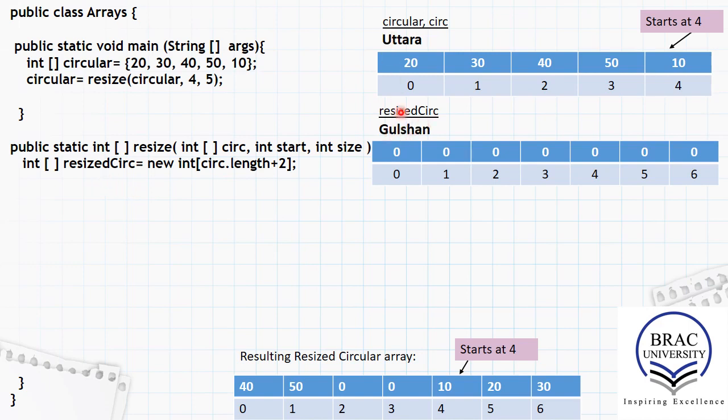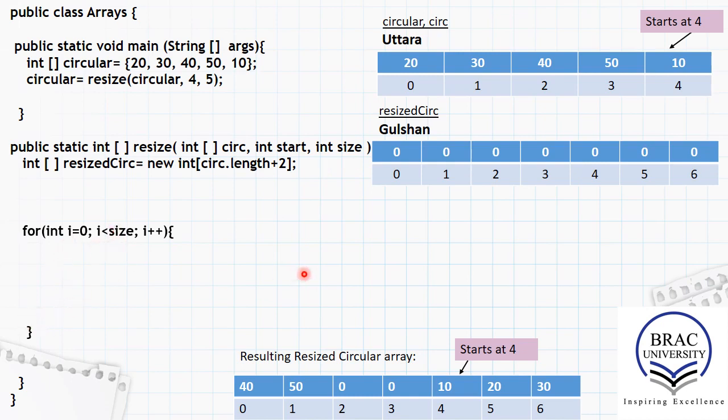So I'll copy the value from Uttara to Gulshan. In order to do that, I will have to run my loop. Now, how many times should my loop run? Since there are 5 values, my loop should run 5 times. So I've created a loop that runs size many times because size many values have to be copied.